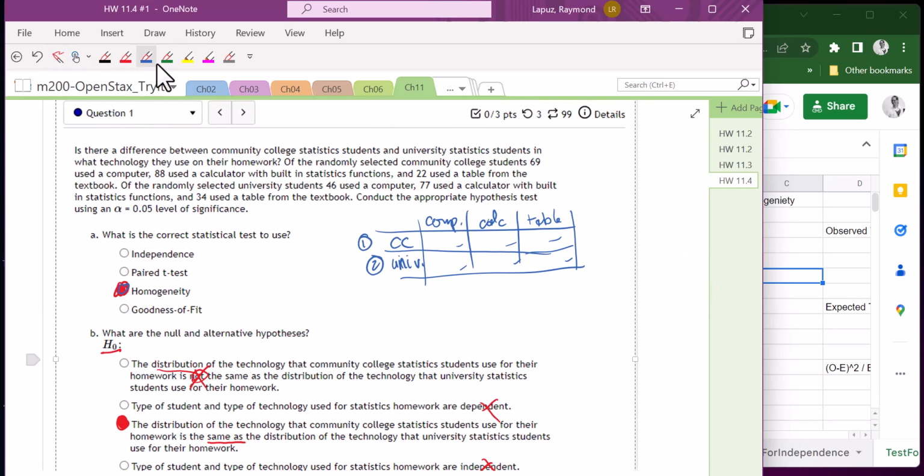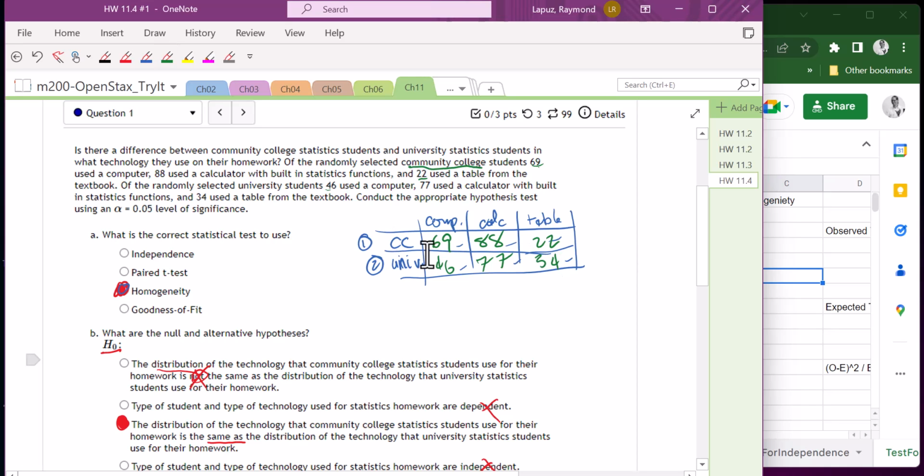So let's come back and create this table and look at the number of people in a community college setting that used a computer. So there's 69 of them. That used a calculator, 88, and that used a textbook, 22. And then for the university students, 46 used a computer, 77 used a calculator, and 34 used a table.